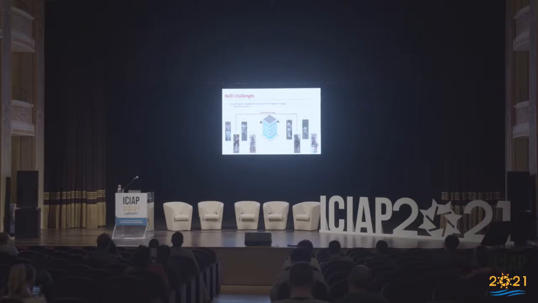Change in illumination: some images are captured under very bad illumination conditions, which makes extracting visual information very hard. Scale change, where the bounding box can be very large in some cases. And finally, occlusion, where some body parts are sometimes not fully visible. For example, here, the pedestrian is covered by this whiteboard.